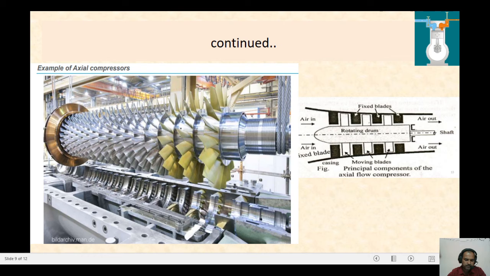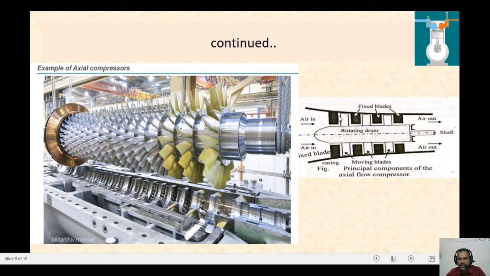Due to this, there is a decrease in the area. You can see this is the shape. Due to this decrease in the area, the atmospheric air is compressed, because the air is entrapped in between these two, right? This is a stator blade and this is a moving blade. The air is entrapped in this clearance space.